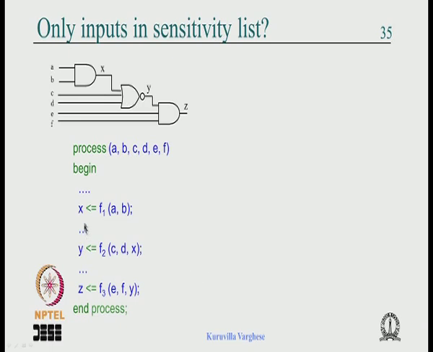Now that means there was an event on X, and this process has not responded to it. So we know how to make a process respond to an event on a particular signal, that has to be in the sensitivity list. So the solution is to write X and Y, the internal signals, in the sensitivity list. Then what happens, the first time an event happens on A, it goes from top to bottom, there is a change in X which is assigned at 100 plus delta.